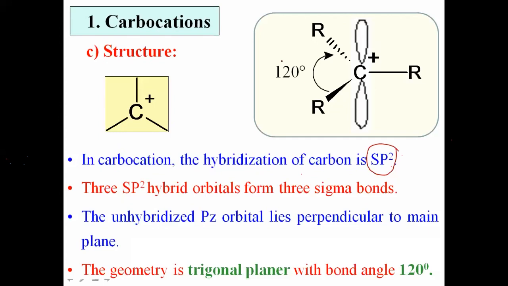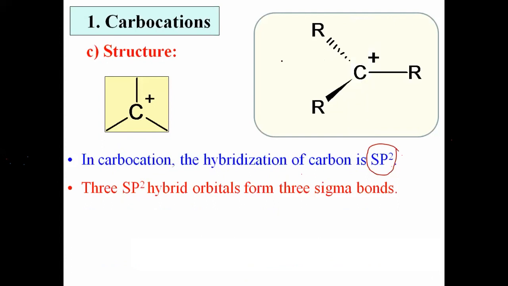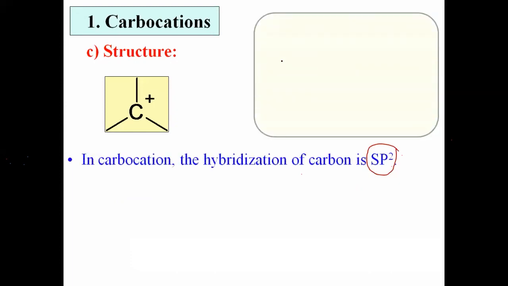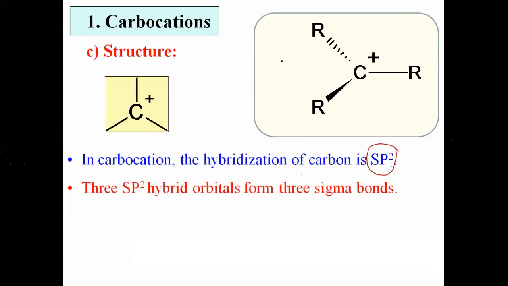स्ट्रक्चर ऑफ कार्बोकॅटायन मध्ये जस्ट 4 पॉइंटचं डिस्कशन आपण करतोय. यामध्ये फर्स्ट पॉइंट कुठला सांगितलेला आहे, इन कार्बोकॅटायन हायब्रिडायझेशन ऑफ सेंट्रल कार्बन इज sp2. ओके, नाउ that sp2 hybrid orbitals of carbon form 3 covalent bond.